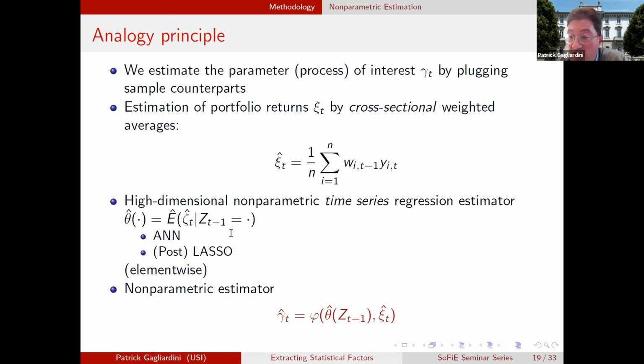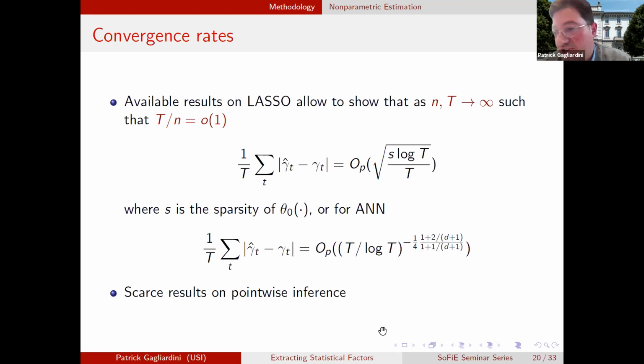And given the dimensionality of Zt minus 1, which can be large, we consider methods like artificial neural networks or lasso and post-lasso methods, for instance. And then the non-parametric estimator for these parameters of interest has basically this expression.